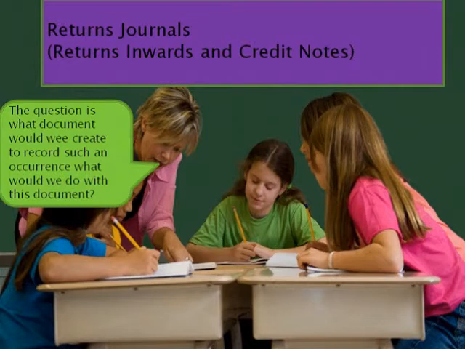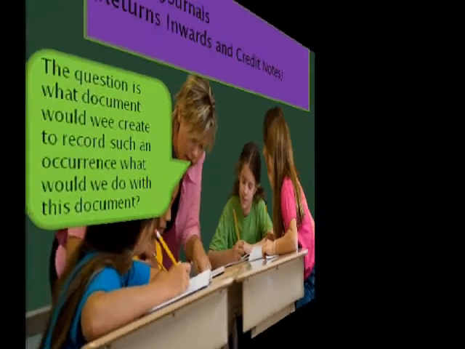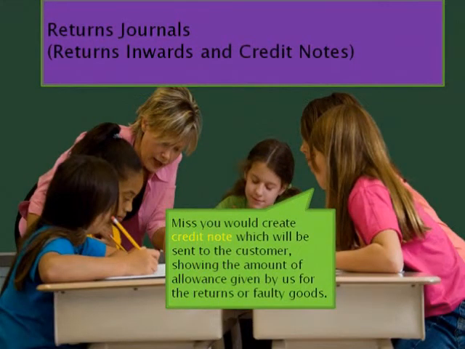If you look at the board, you will see something called returns inwards and credit notes. It means you would create a credit note which will be sent to the customer showing the amount of allowance given by us for the returns of these faulty goods.